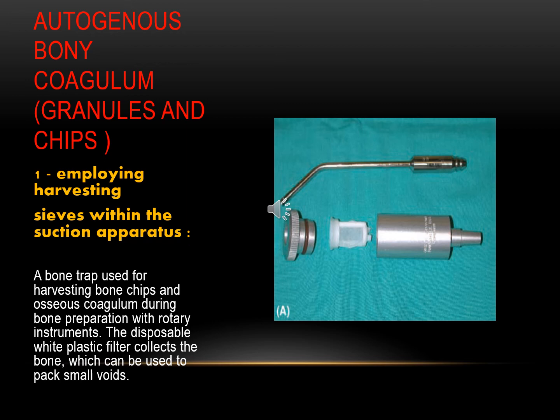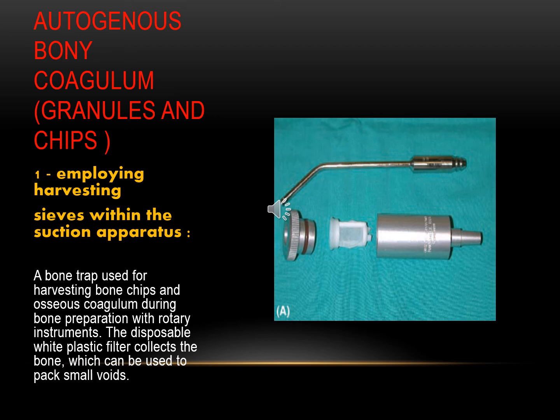Bone trap is a device connected to the suction during the drilling of the implant or the cutting of the bone. This device, which is connected to the suction, will suck the blood mixed with the particles of the bone.